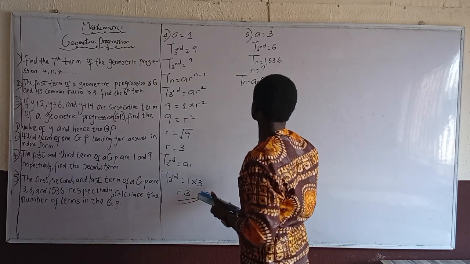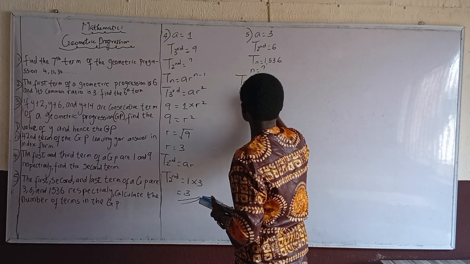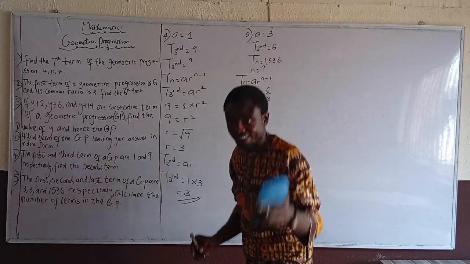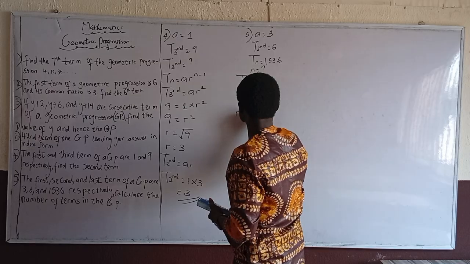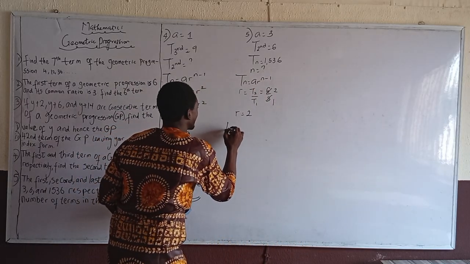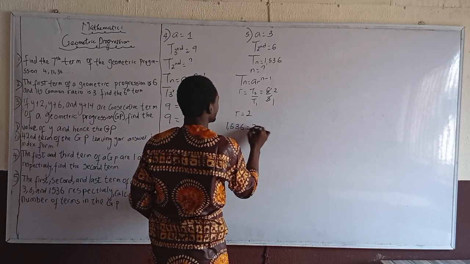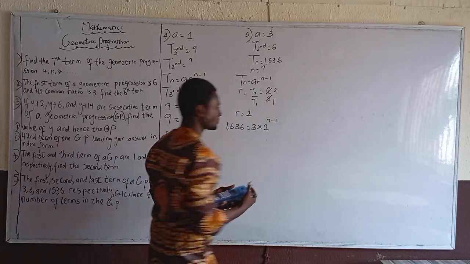Let's calculate our R first. My R is T2 divided by T1. That is 6 divided by 3. A is also the first term. So 3 here 1, 3 here 2. My R is equal to 2. So from this formula, here is 1536. My A is 3 times R, 2, raised to n minus 1.